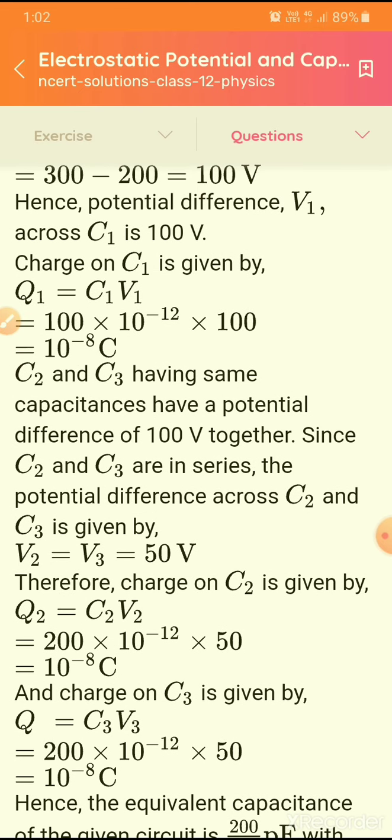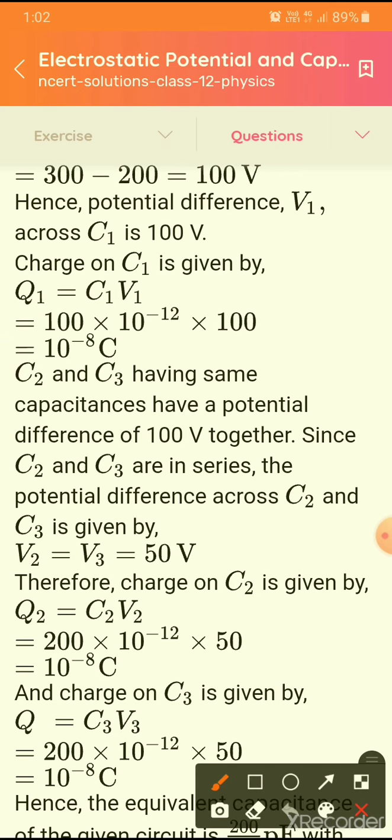Since C2 and C3 are in series, the potential difference across each is V2 is equal to V3 is equal to 50 volts. Therefore, the charge on C2 is given by Q2 is equal to C2 into V2, which is 200 into 10 to the power of minus 12 into 50.